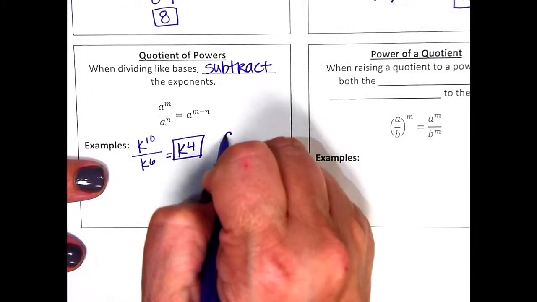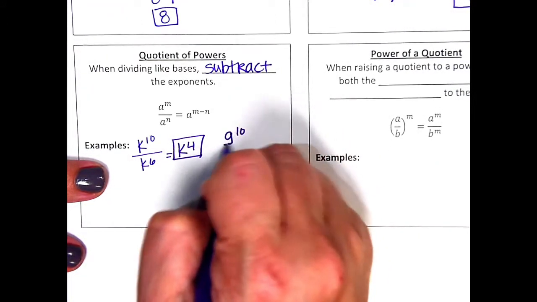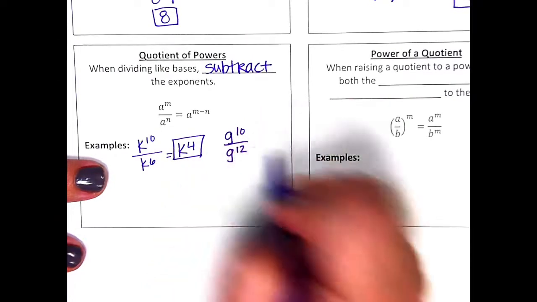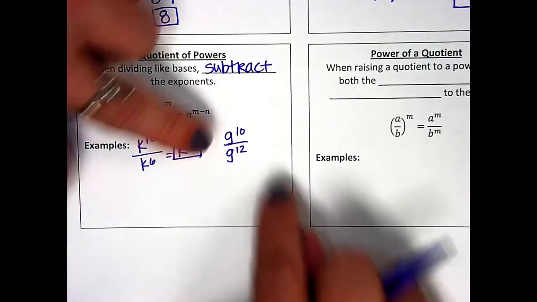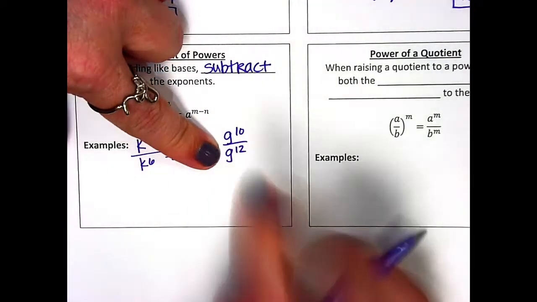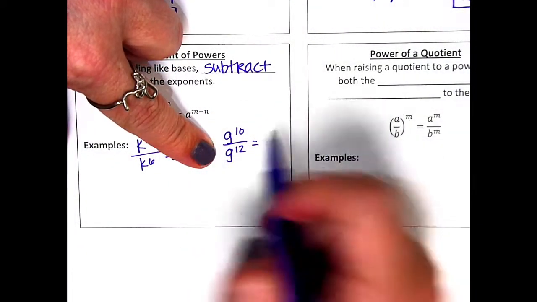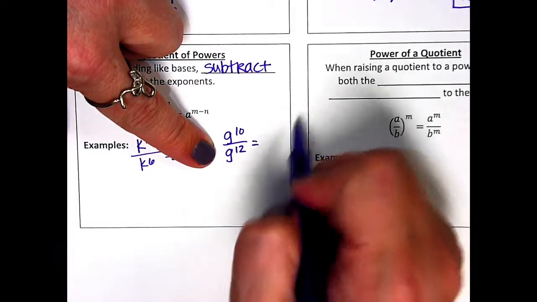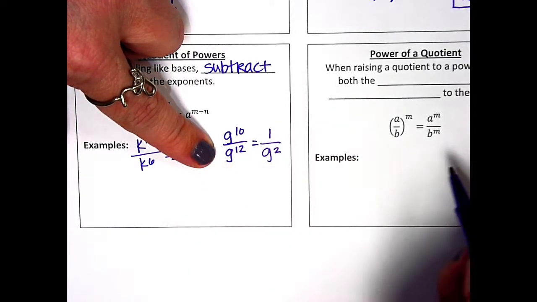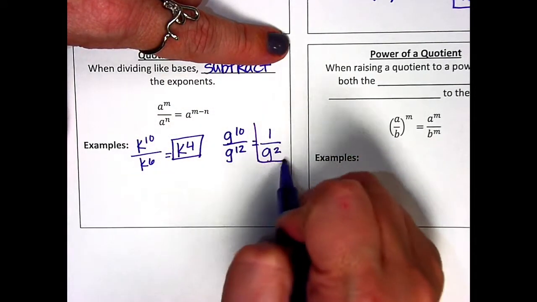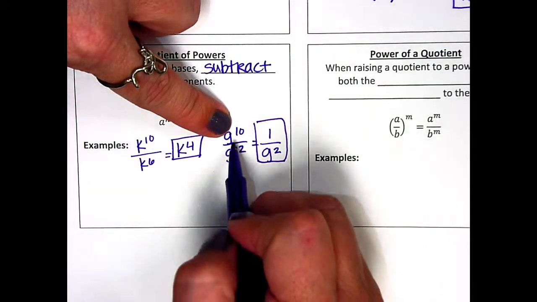Another one would be g to the 10th over g to the 12th. On this one, I'm going to bring the g to the 10th down and subtract on the bottom so that it stays positive. When I do that, I can't just get rid of the fraction, so I'm going to put a 1 above it, and that's g squared, because 12 minus 10 is 2.